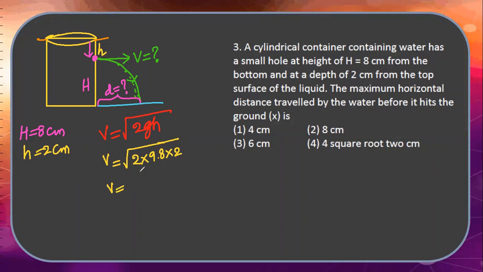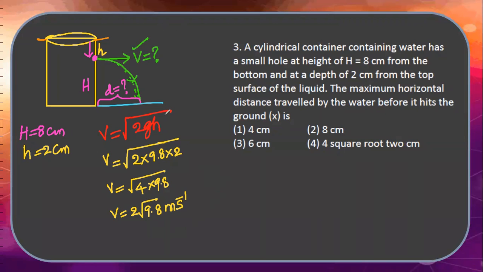Then v is equal to 2 into the square root of 9.8 meters per second. That is the horizontal velocity.